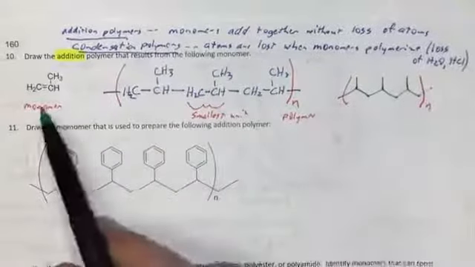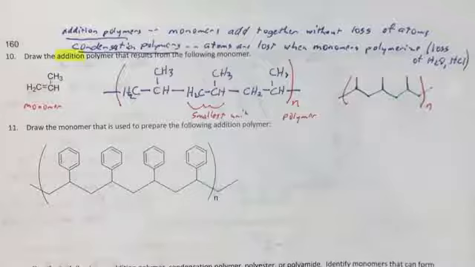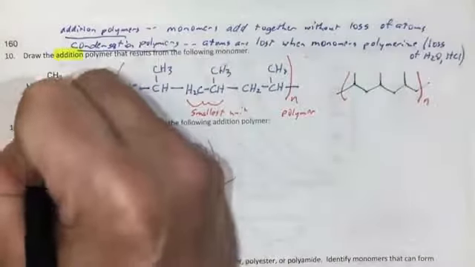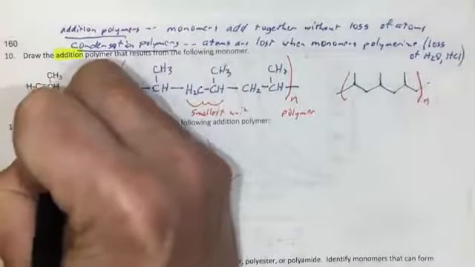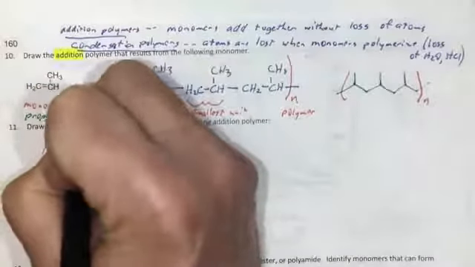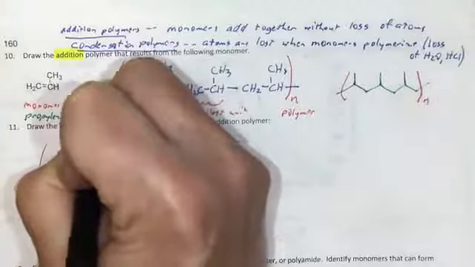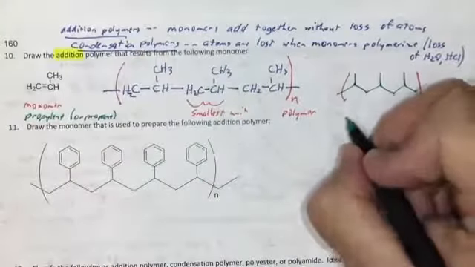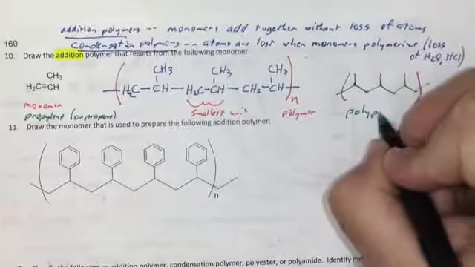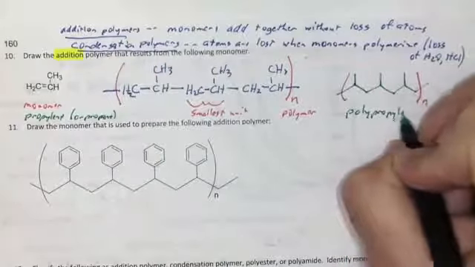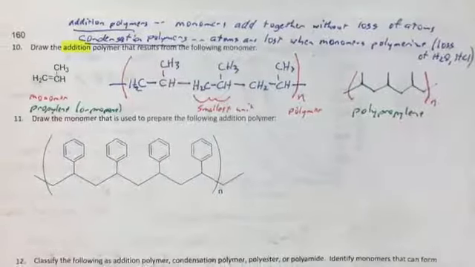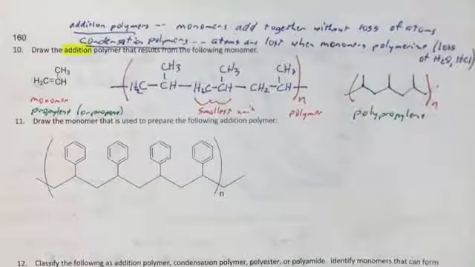By the way, you don't have to know the names, but this monomer is propylene, also called propene. Propylene is the old name, and so this is polypropylene, which is a very common polymer made industrially and used in many different applications.